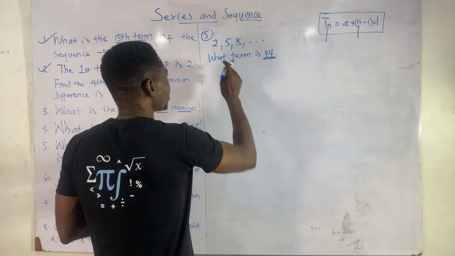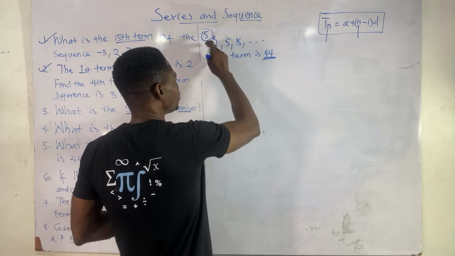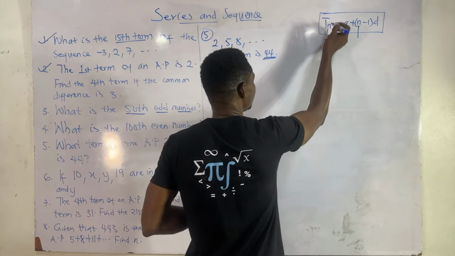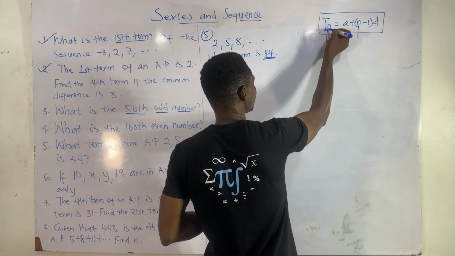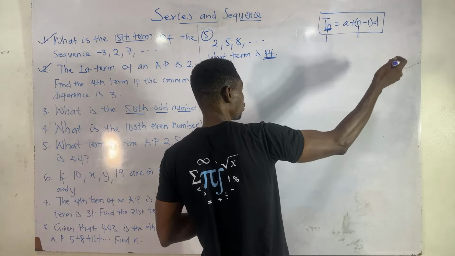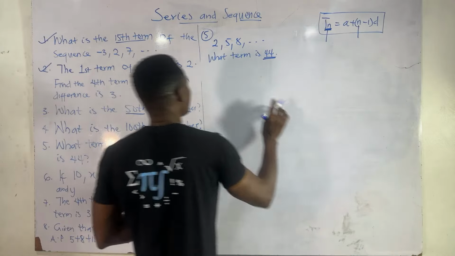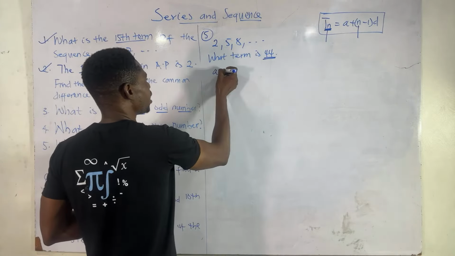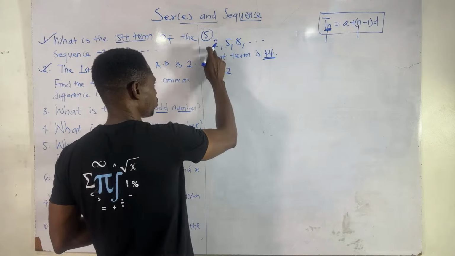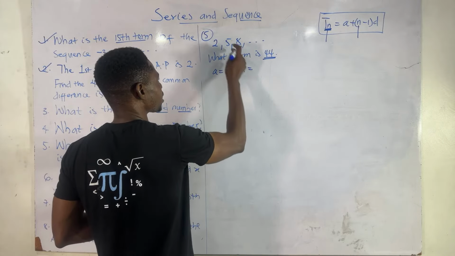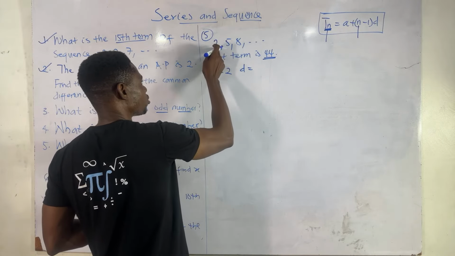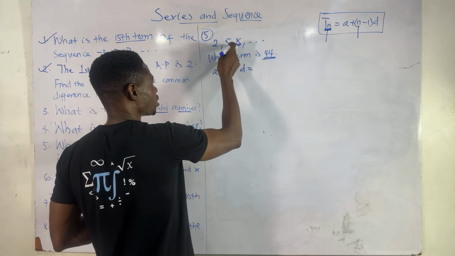So the question says, what term of this AP is 44? As you're looking, you have been given Tn as 44, the last term where you stop, right? But you don't know which number will give you this 44. So what we have is A as 2, obviously. Common difference as T2 minus T1, that's 5 minus 2, which is 3, or 8 minus 5, which is 3.